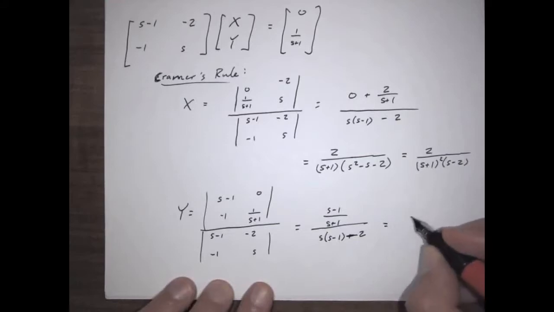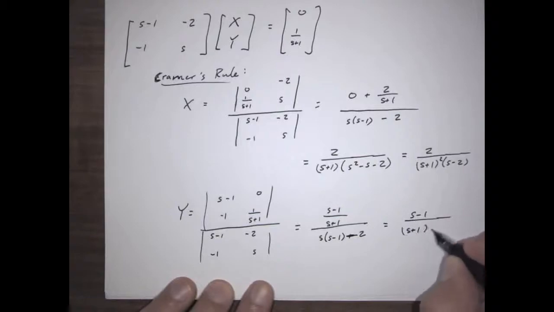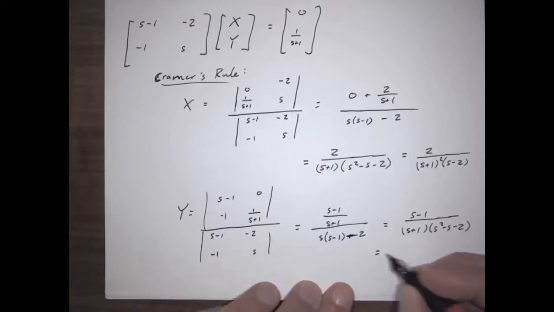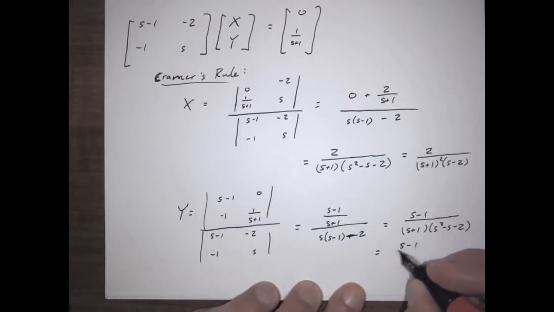So then that's going to be s minus 1 divided by, bring the s plus 1 down, times s squared minus s minus 2, which is going to be s minus 1 over s plus 1 squared times s minus 2.